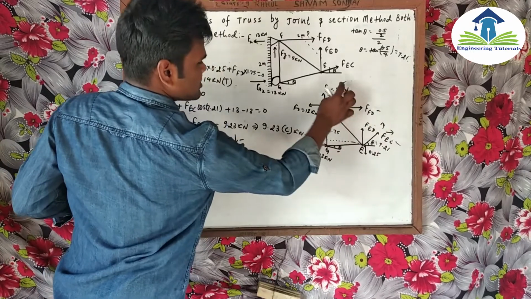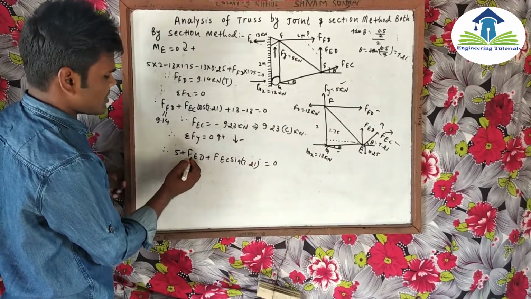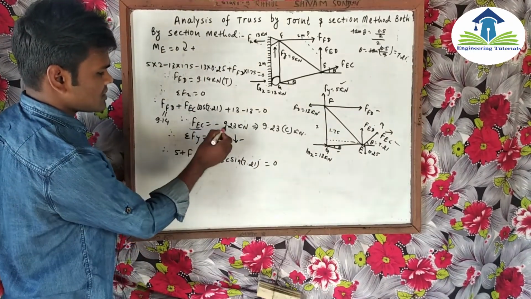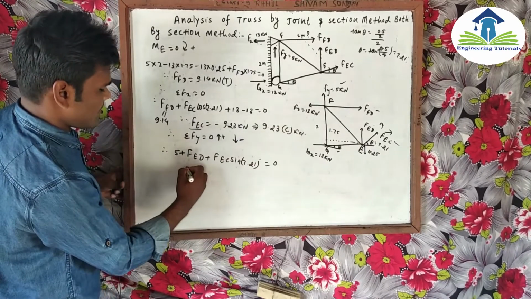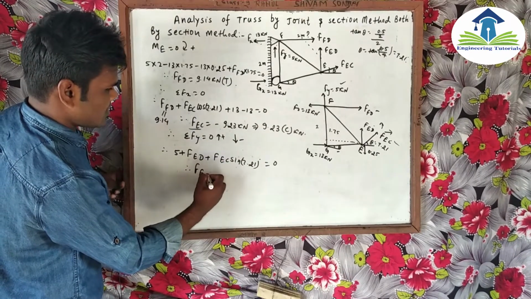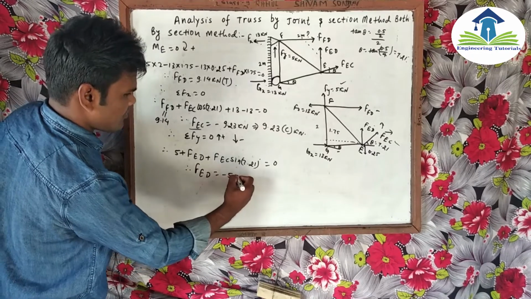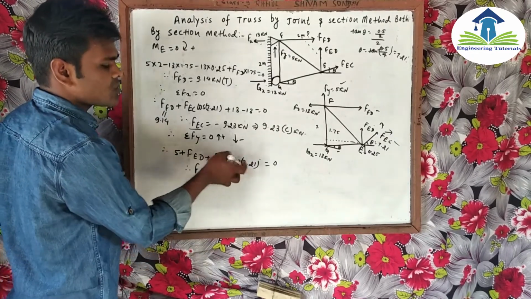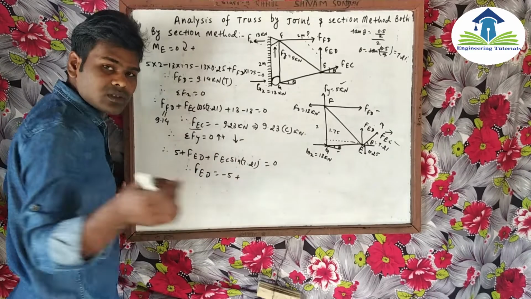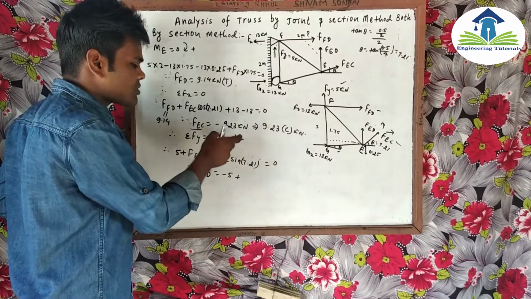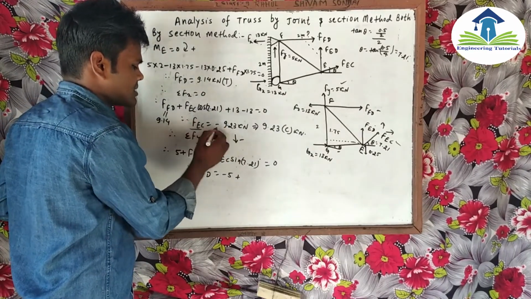This force and this force. FED, we have calculated the value of FEC as minus 9.23. So here FED is equal to minus 5 plus, this is going to be on the right side, so this is the minus, and we put the value of FEC here.